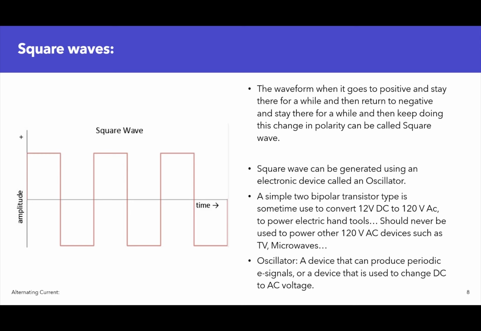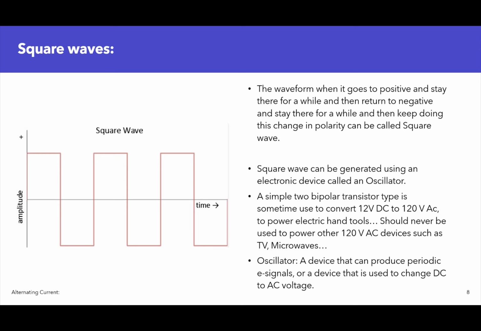A square wave can be generated using an electric device called an oscillator. So what is an oscillator? It is a device that can produce a periodic electric signal, or a device that is used to change DC to AC voltage.